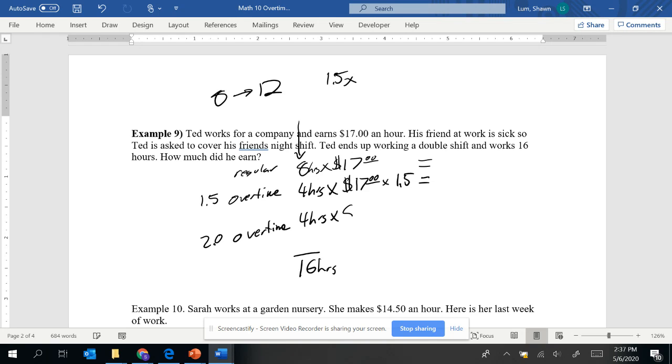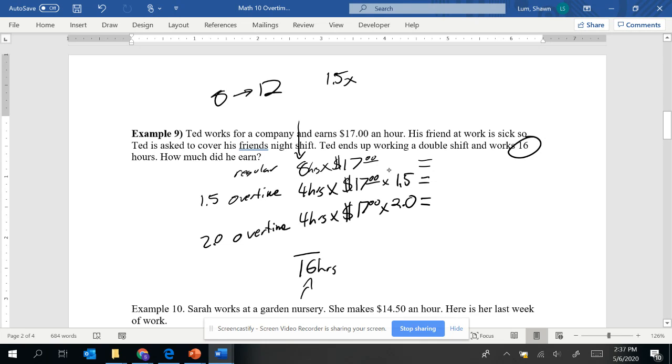And so that means he gets his $17 an hour, but we have a different multiplying factor. He gets double time, so it's times by 2 like that. So regular has no multiplying factor. The next 4 hours get multiplied by 1.5, and then anything after that is multiplied by 2. So these hours work out to 16, and that's what it said that he worked.